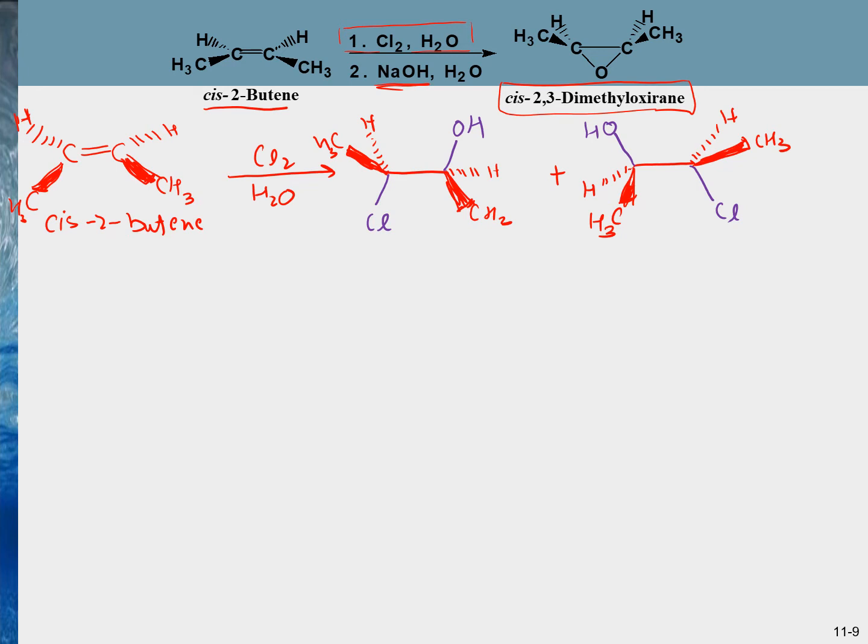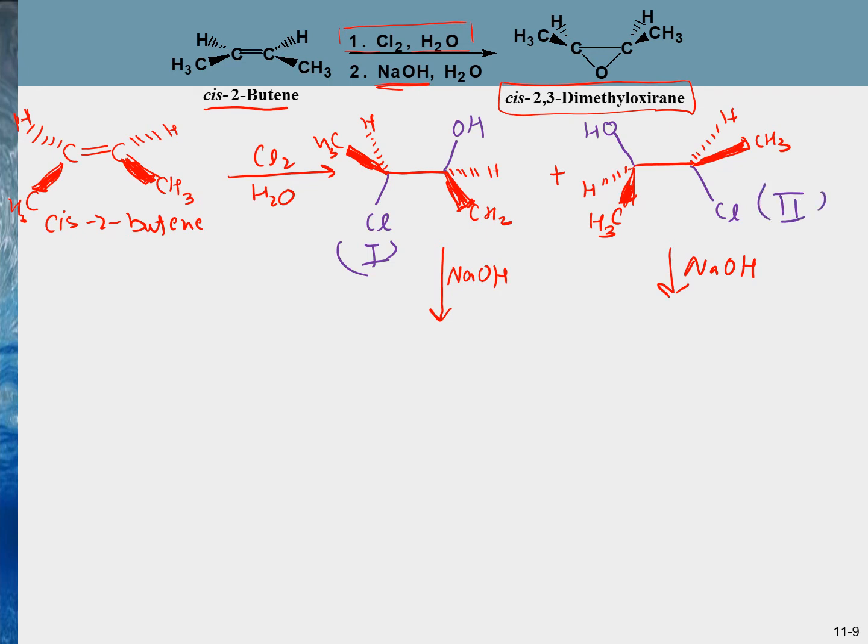Now when we perform the second step, in the second step we add sodium hydroxide. So both of these halohydrins will react with sodium hydroxide. Let's call the left hand side halohydrin number 1 outcome, and then this one is number 2.